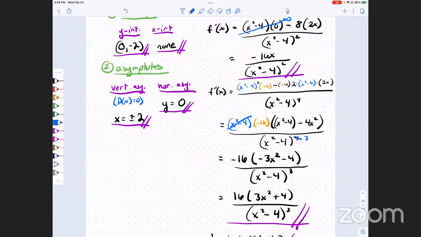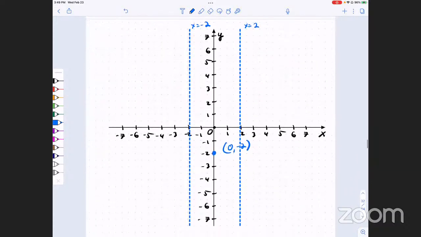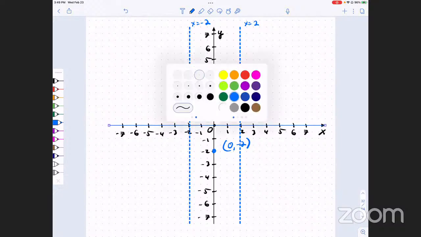We had a horizontal asymptote of y = 0. So let's go ahead and capture that. That's just going to be this guy. Okay.